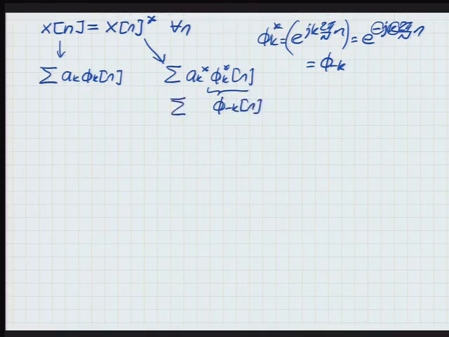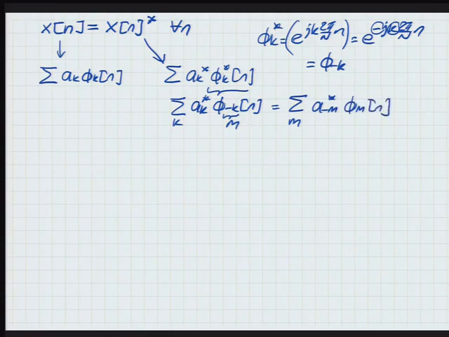All right, and let's switch from a k representation to an m. Let's call negative k m. So then, instead of counting over k, I can count over m, and I can write a negative m star times phi_m of n. So there you go. On the left here, you have the Fourier series of x.